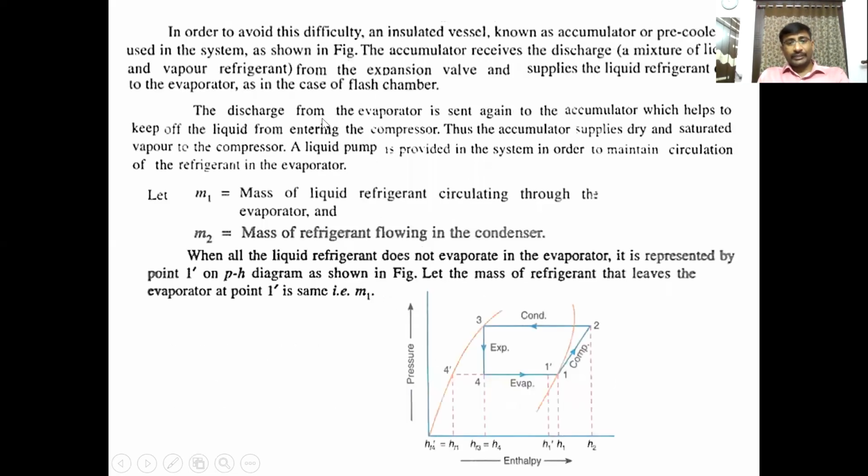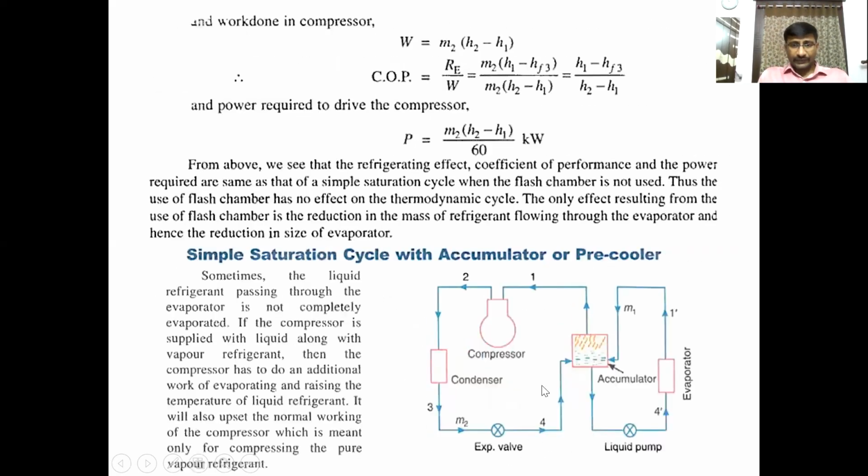Heat given into the accumulator: M2 amount of liquid-vapor refrigerant is sent to the accumulator. This is a mixture, wet vapor. M2 into H4 is the condition, because we have to take the enthalpy at point 4, which is H4.